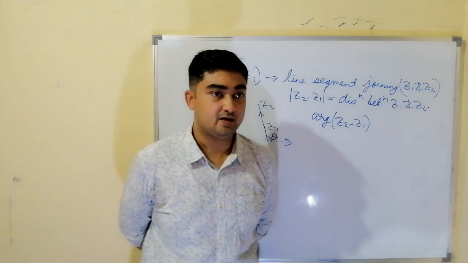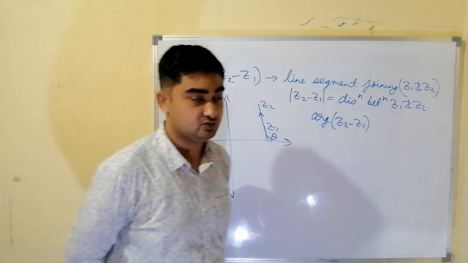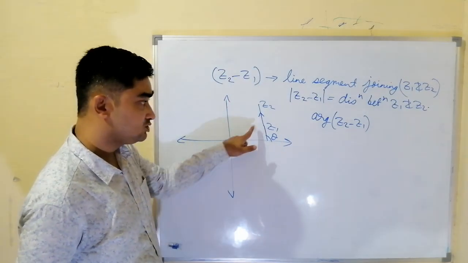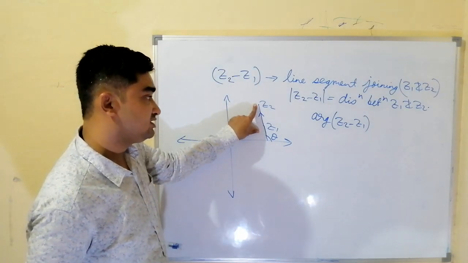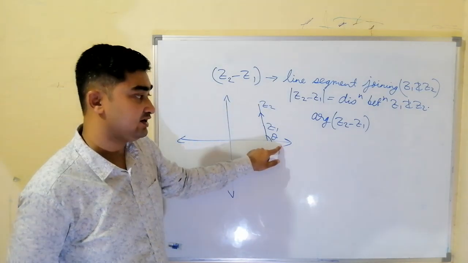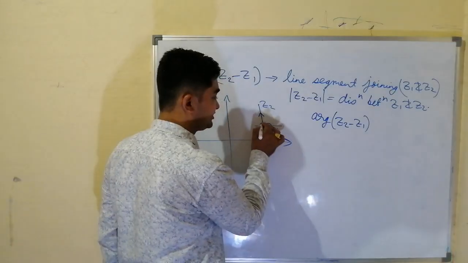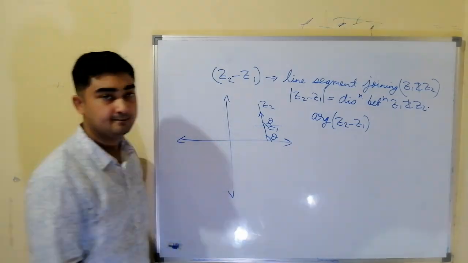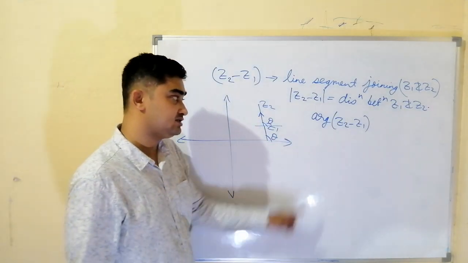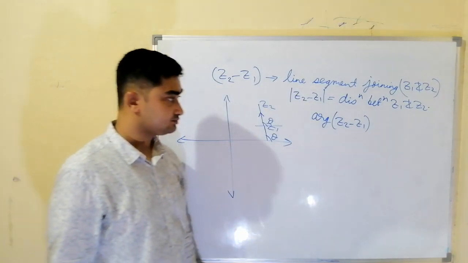Because the argument of any complex number is the angle which that complex number makes with the positive direction of the real axis or x-axis. To get the angle we have to extend it, or otherwise you can draw a line parallel to the x-axis and here we'll get theta. Right, so this is the angle which Z2 minus Z1 makes with the real axis, that is known as the argument of Z2 minus Z1.